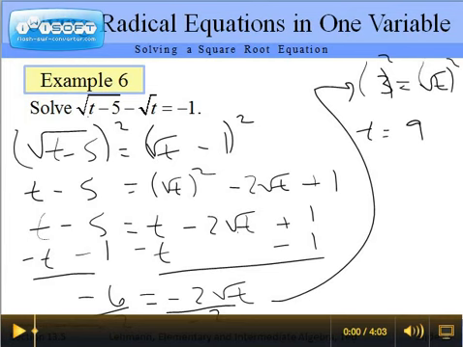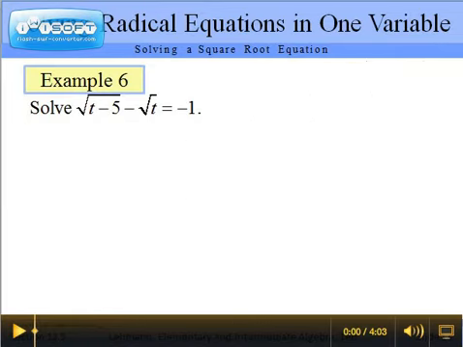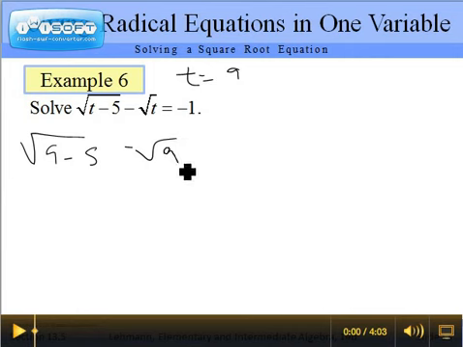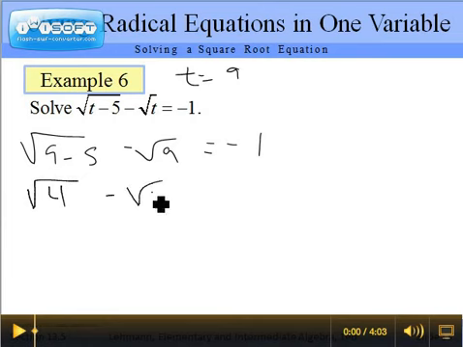So then I want to check this. So I have the square root of 9 minus 5 minus the square root of 9 equaling negative 1. So I have the square root of 4 minus the square root of 9 equaling negative 1.